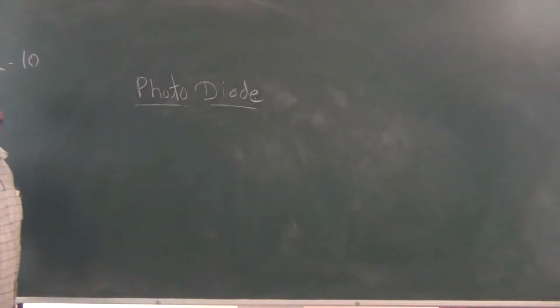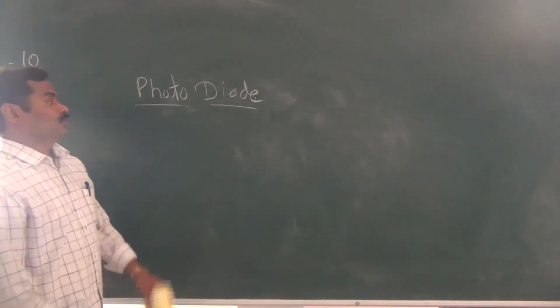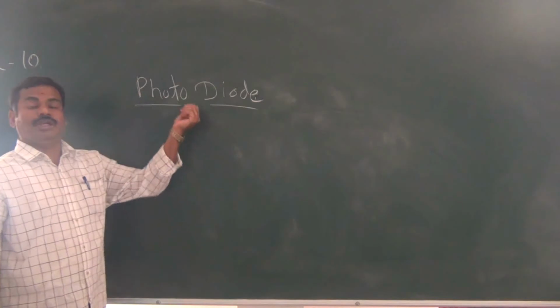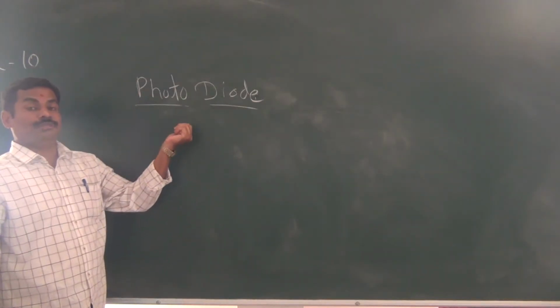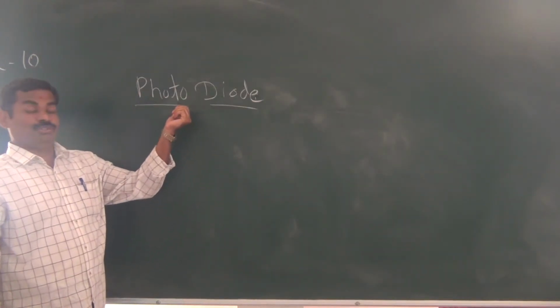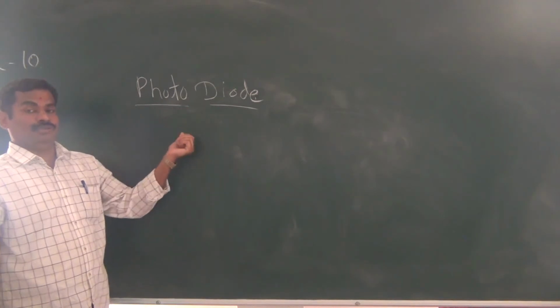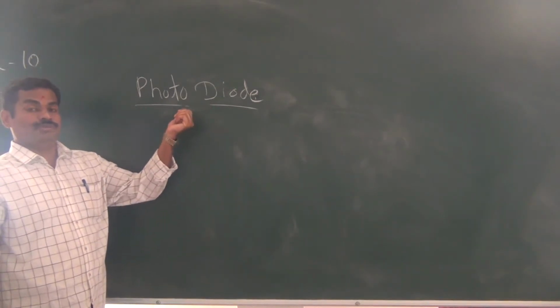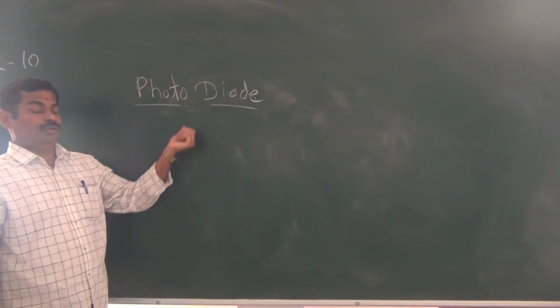Here, as usual, you have studied already about the normal diode or PN diode. The photodiode is also a special purpose semiconductor device, a special purpose PN junction diode. What is a photodiode?